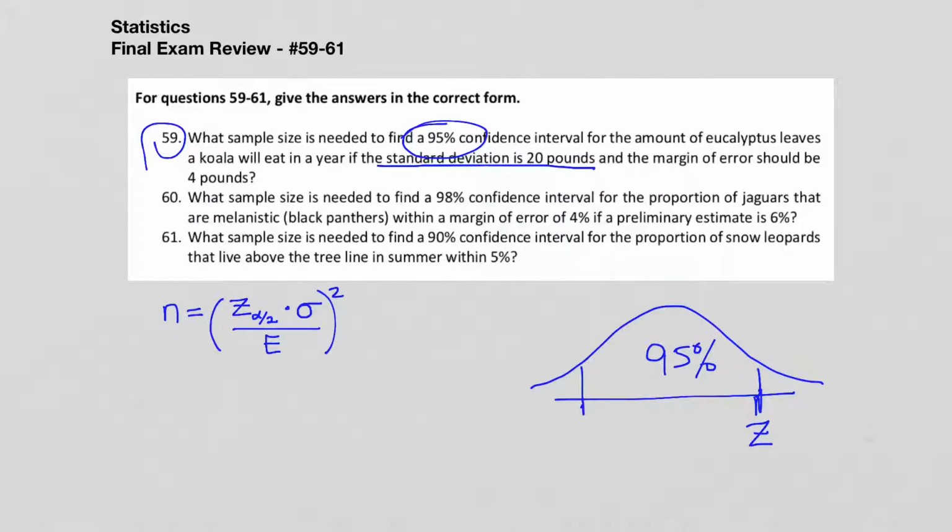We name the z value by finding the percentage in the tail, and since there's 95% in the middle, we've got 5% left over, and that means 2.5% in each tail. 2.5% in the right tail, 2.5% in the left tail. And so we are calculating z sub 0.025.